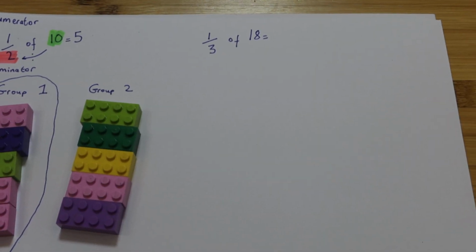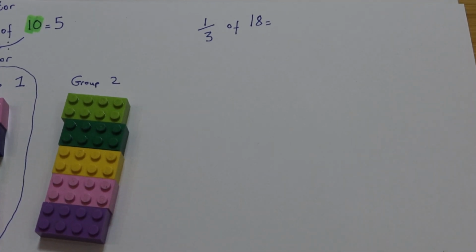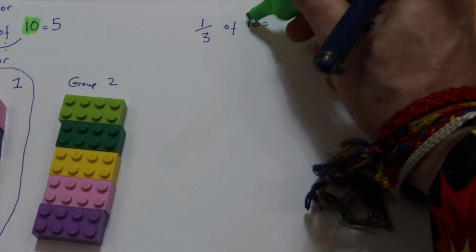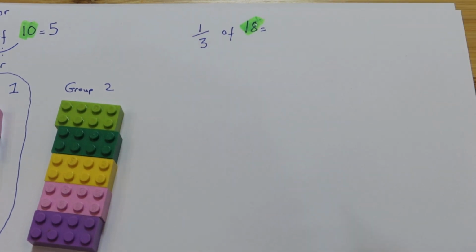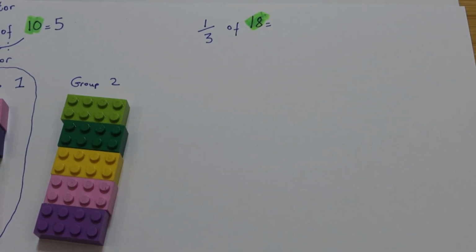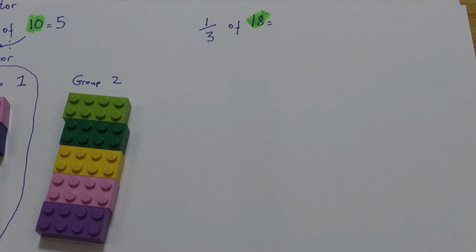Right, so here we've got 18, so that is how many we have all together, remember? So we're going to highlight that. Okay, so I need to now get my 18. So let's get my 18.